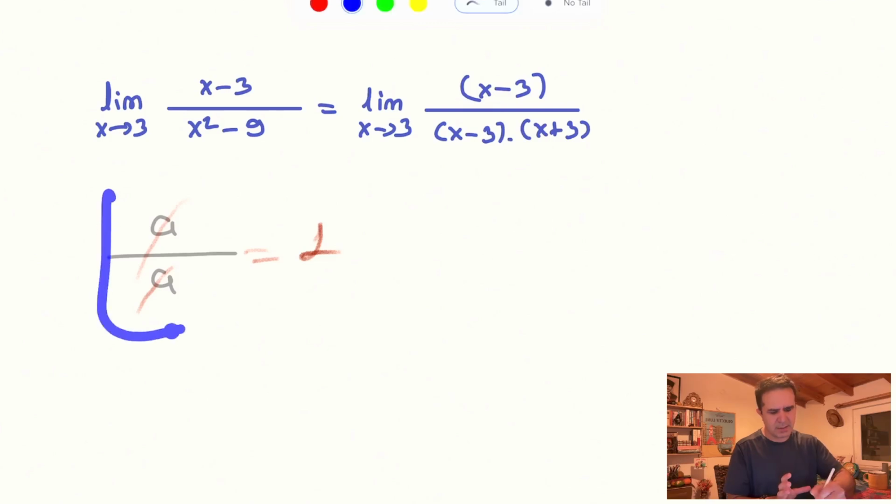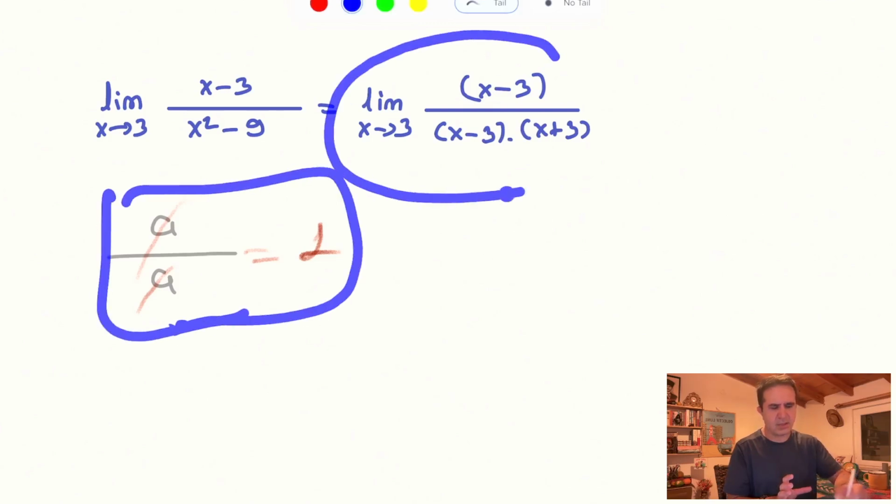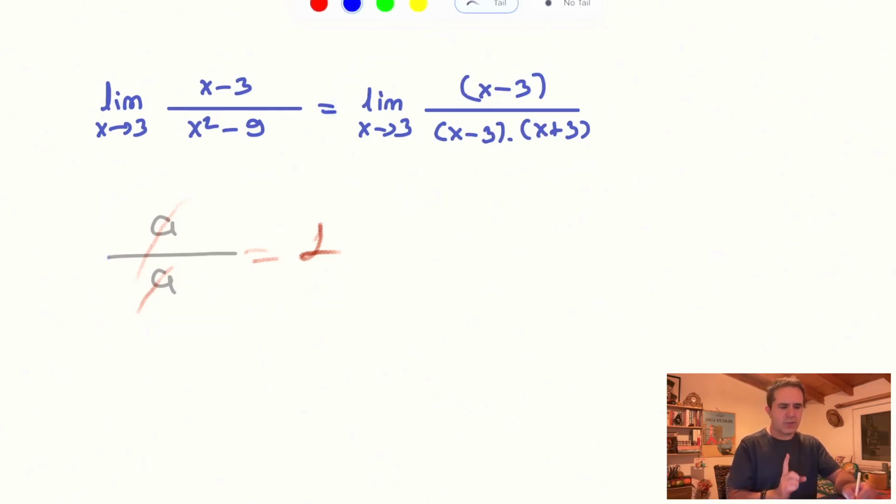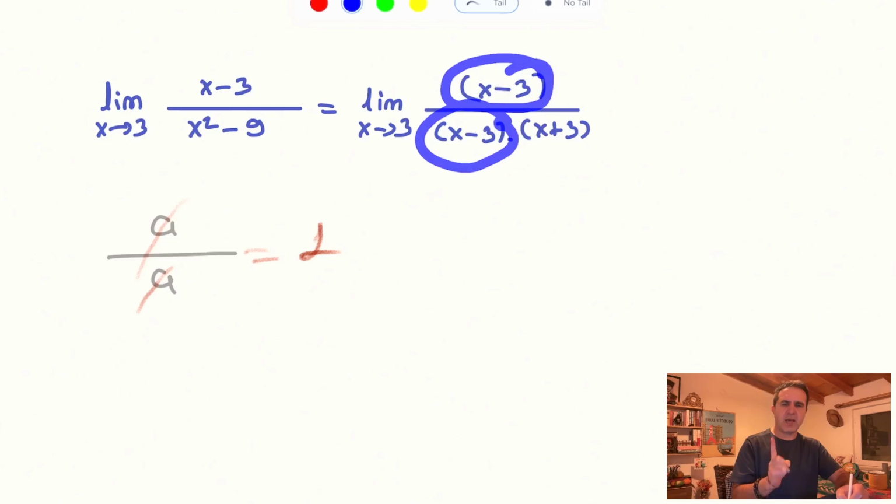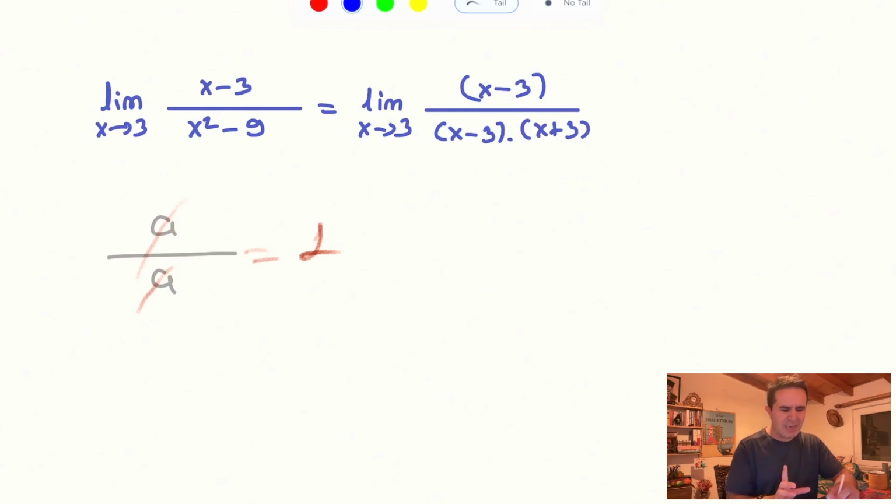This case is the same here, because we have x minus 3 and x minus 3, and these factors are actually not 0 because x is just approaching 3. x is not 3, so x minus 3 is approaching 0 but is not 0.